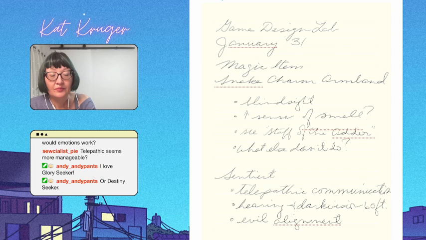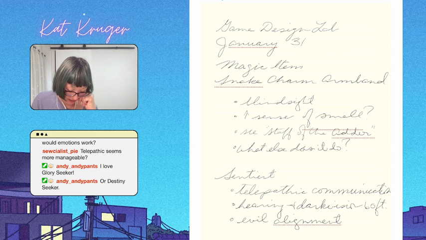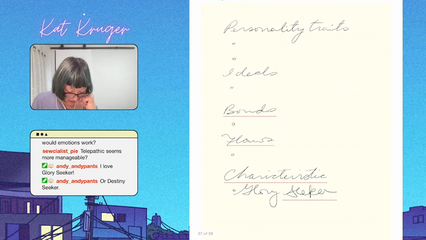Let's see. What else can we add here? I think I would like to eventually name the presence, but we probably need to go through personality traits.